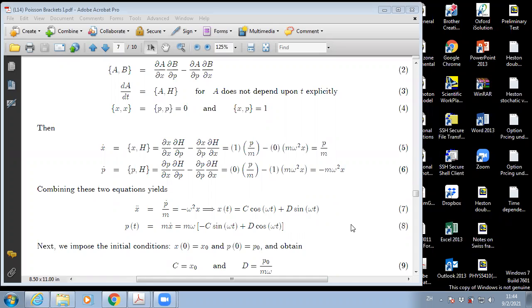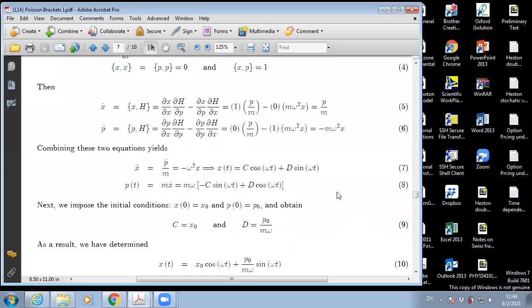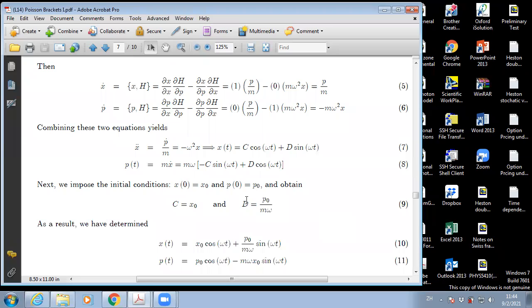Now we have two arbitrary constants, and these can be fixed by imposing the initial conditions: x at t equal to 0, and p at t equal to 0. Imposing the two initial conditions, we determine the two arbitrary constants, c equal to x naught and d equal to p naught over m omega.